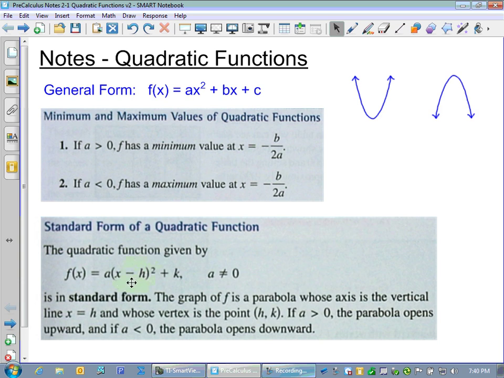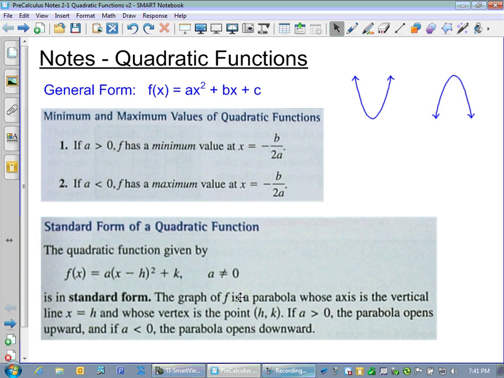Now this one can be a little confusing because if we use a numerical example, let's say we have x plus 3 inside our parentheses, then h is not positive 3, h would be negative 3, because x plus 3 would be considered x minus a negative 3. So that value of h would actually be negative 3.